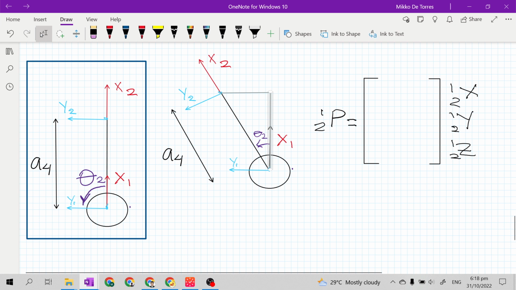This is our adjacent. Our adjacent is x sub 1. Then our opposite is y sub 1 because it's opposite to theta 2. This is the opposite side. Our opposite side is y sub 1 because this line is along the y sub 1 axis. Now we have the opposite side, the adjacent side, and the hypotenuse.